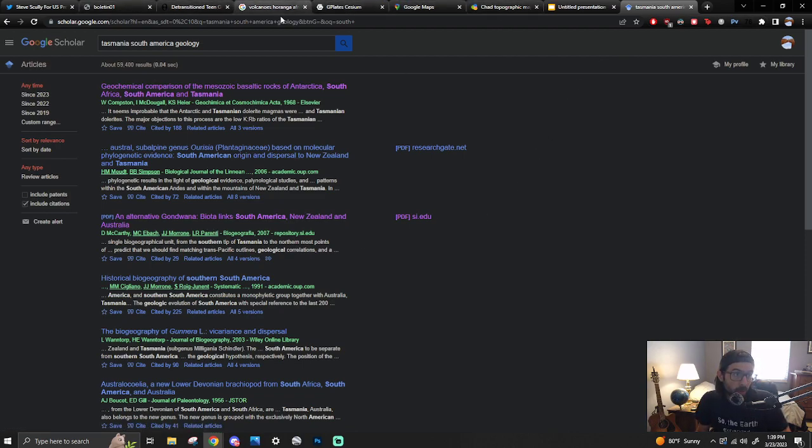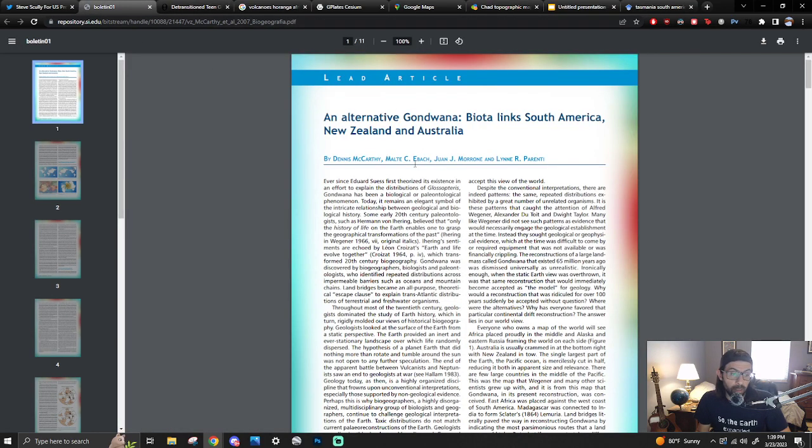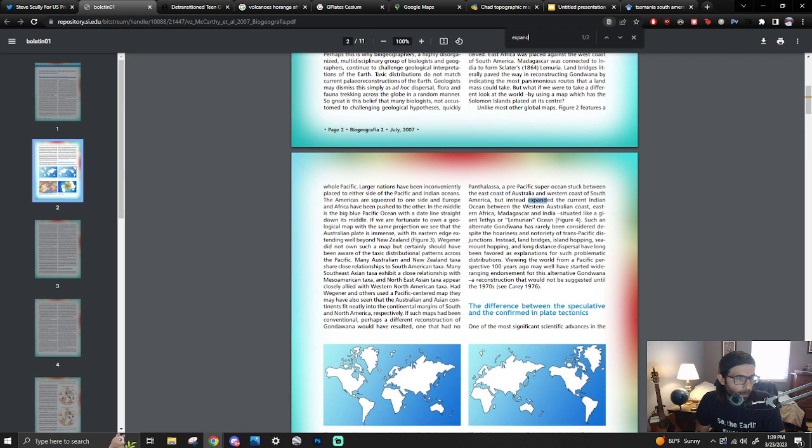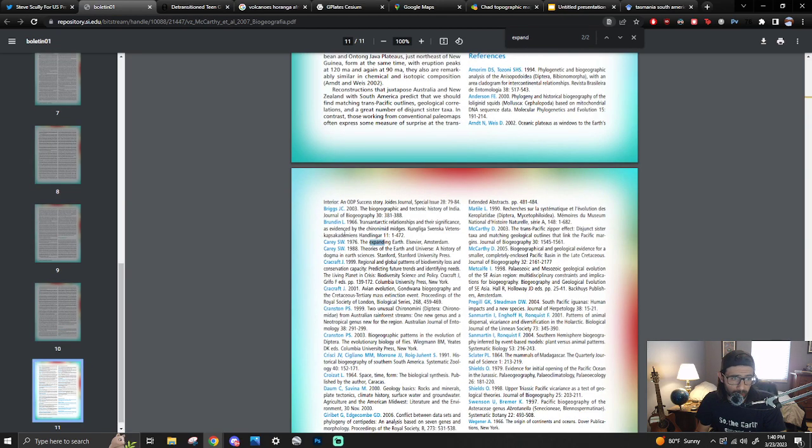which is quite incredible because, as far as I can tell, it does reference expansion. So if I type expand, it's talking about the opening of an ocean. It's not talking about the expansion of the earth, but it does reference it. Carey, these two are the original proposers, as far as I could glean.